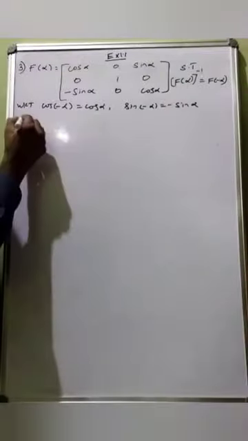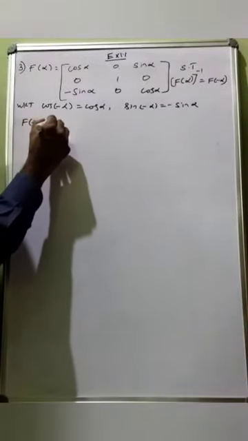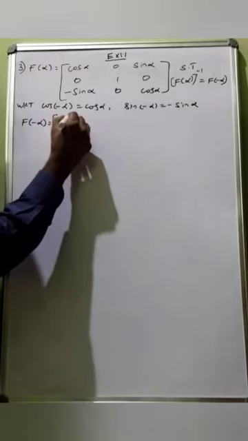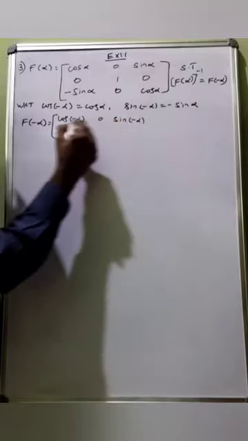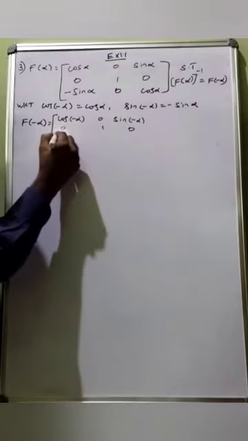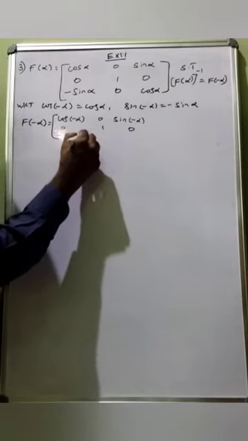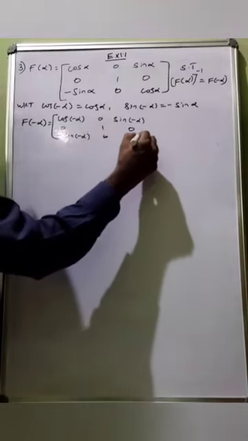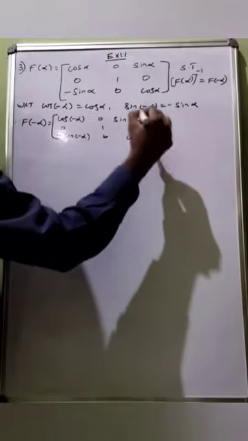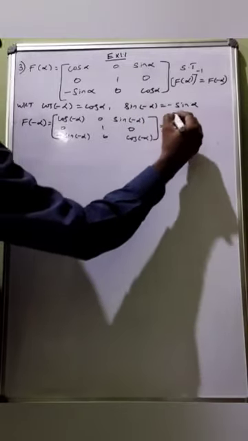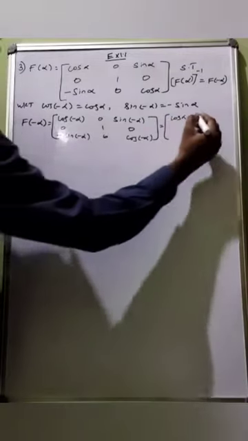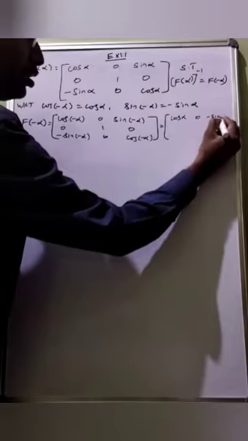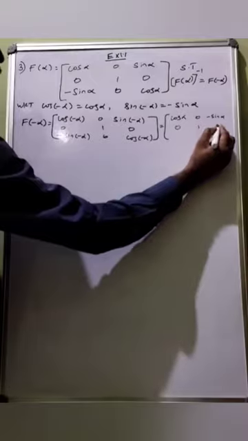First find F of minus alpha. F of minus alpha is [cos of minus alpha, 0, sin of minus alpha; 0, 1, 0; minus sin of minus alpha, 0, cos of minus alpha]. So cos of minus alpha is cos alpha, then 0, minus sin alpha, and 0 1 0.